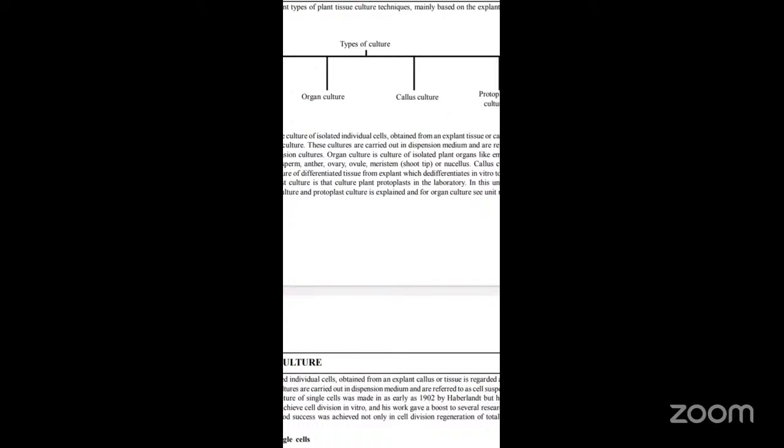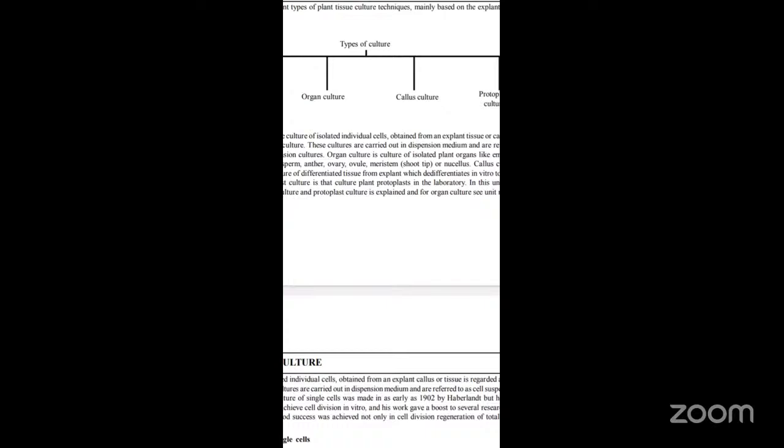The linear phase is represented by slowness in cell division and increase in cell size and expansion. The stationary phase is represented by a constant number of cells and their size.